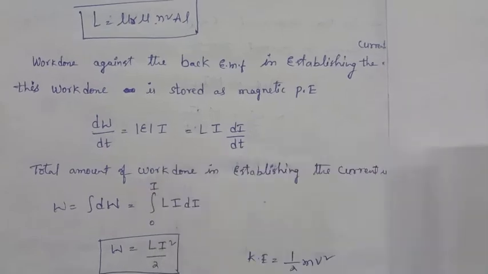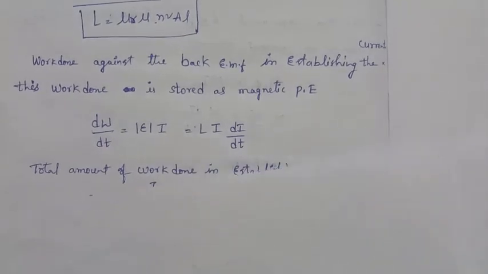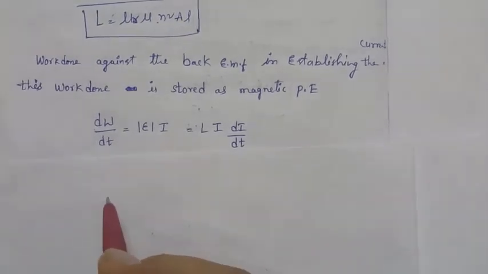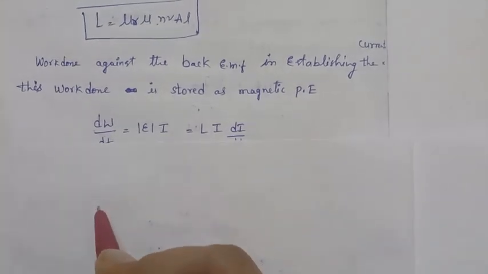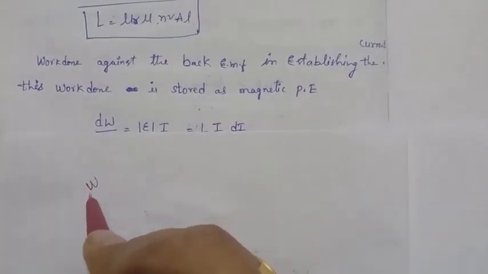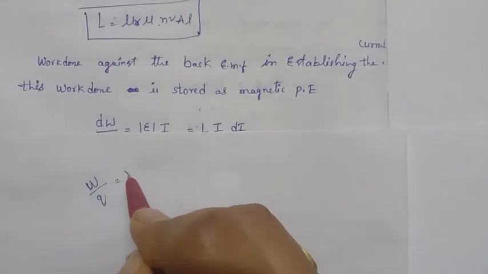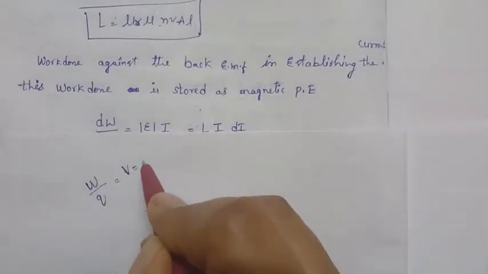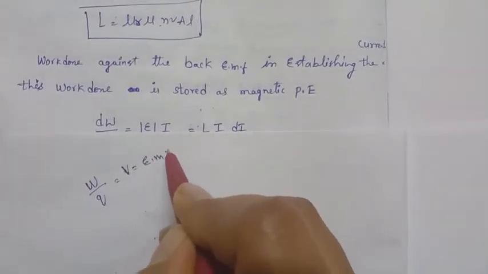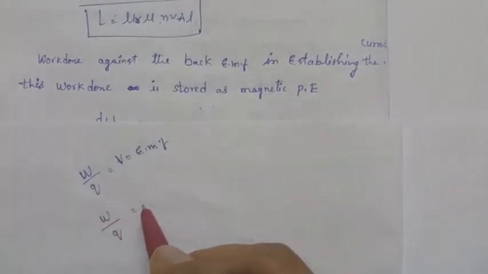So how to derive the equation? Simple. Work done per unit test charge is nothing but the potential, and that potential is nothing but the EMF. So W by Q is equal to EMF.